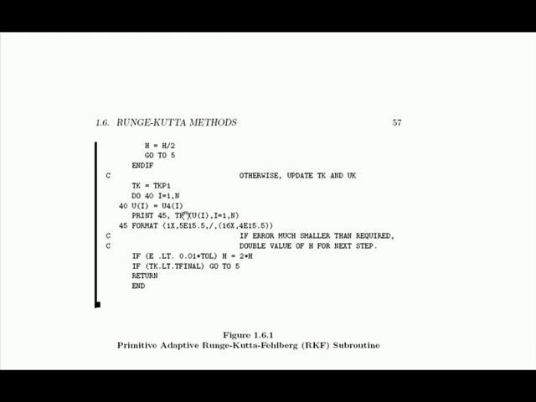If the error is smaller than the user requested tolerance, then everything's fine. If it's way smaller, in this case, if it's less than 1% of the user tolerance, then it reasons that the step size is unnecessarily small. We're getting too small of an error, and then it doubles the step size for the next time. So, a very simple, primitive adaptive method.